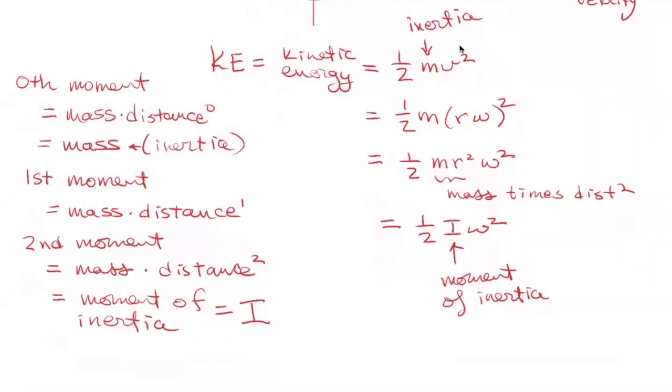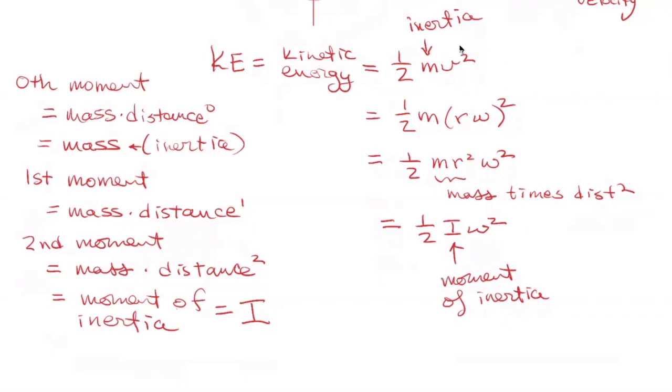So the moment of inertia is a measure of inertia that's mostly related to how the object is distributed across some axis of rotation. It's more about distribution of mass relative to an axis of rotation. Mass measures inertia for linear motion. Moment of inertia measures inertia for rotational motion.